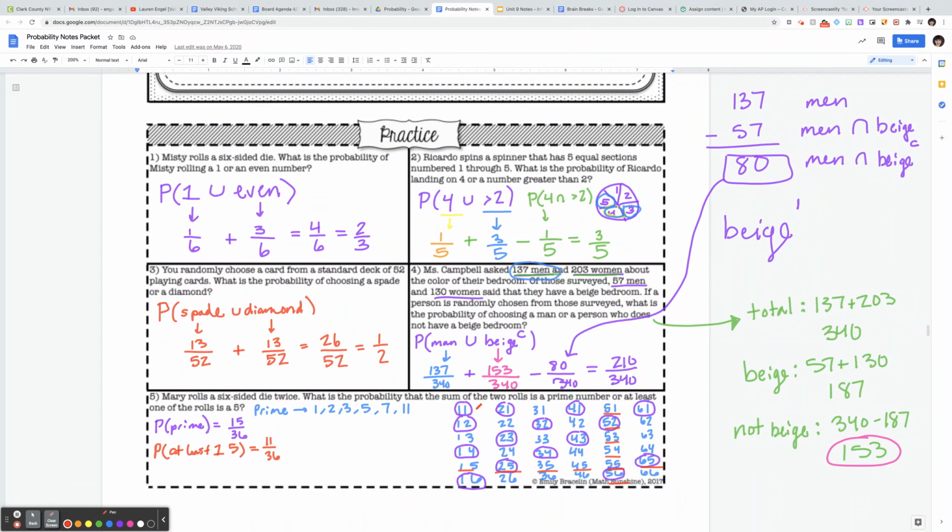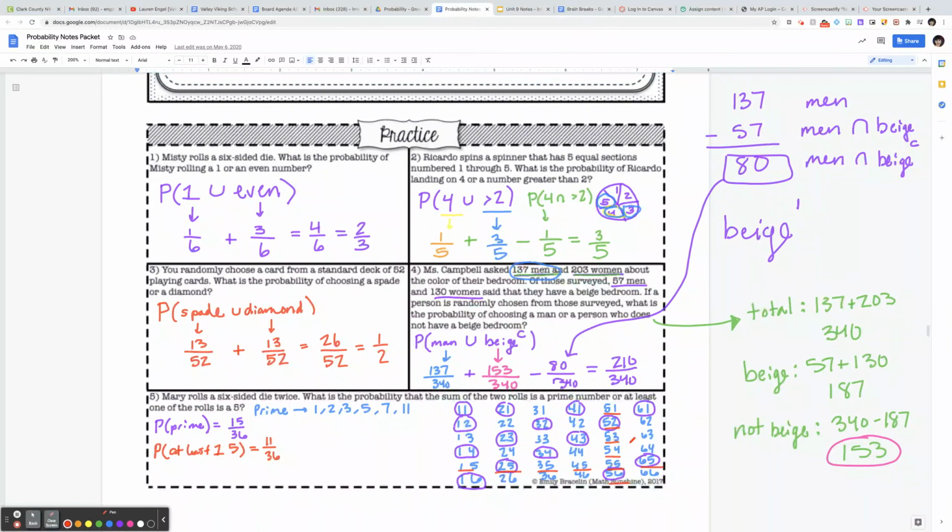So when you add the two numbers in the same circle, they give you a prime number. Like 1 and 1 is 2, which is a prime number. 2 and 3 is 5, which is a prime number. 6 and 1 is 7, which is a prime number. Okay, so there's 15 of those total. So the probability that I select a prime number sum here is 15 out of 36.